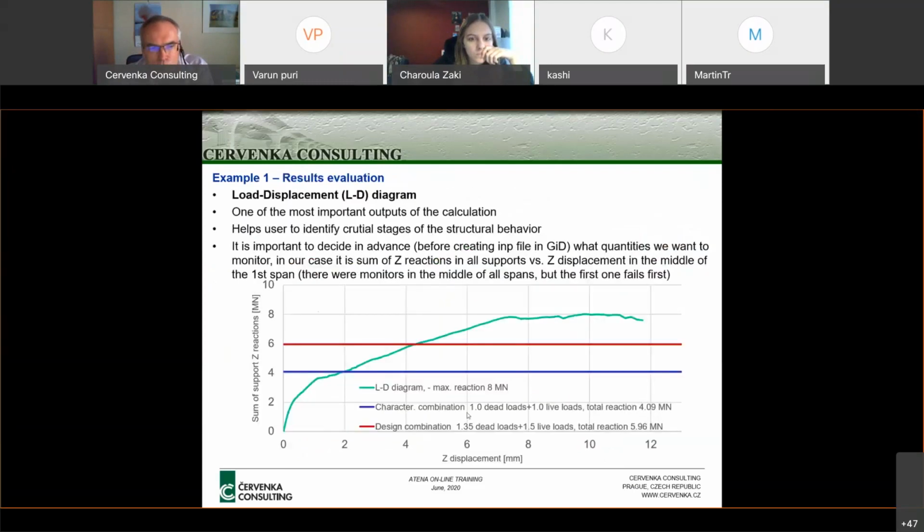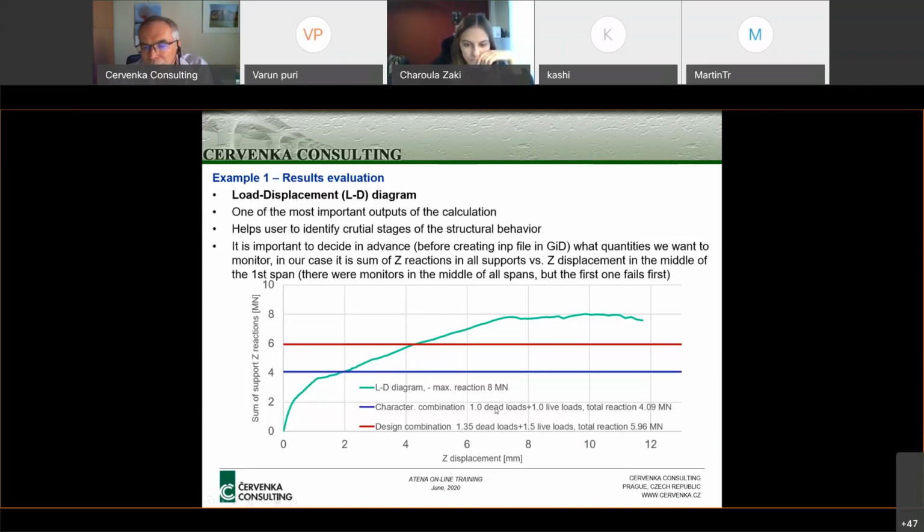So what we see in the end is this kind of graph. But in this graph, we have to understand there are various load levels. First, we applied the dead load only. Then we applied the characteristic combination, which is basically one-time dead loads, one-time live loads.